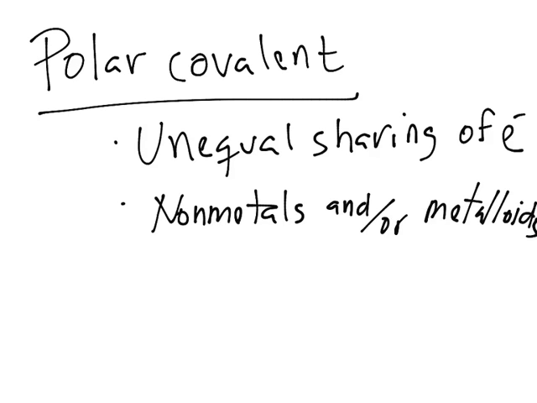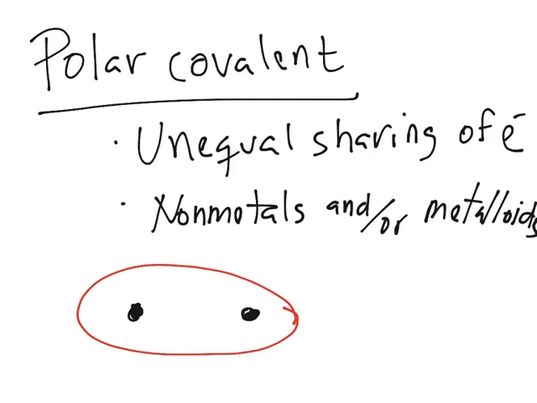As I said, it's unequal sharing of electrons. Let's say this is our atom A, and this is our atom B. There will be some sharing, but just to picture how the electrons flow, I'll make a kind of circle thing. So there is a force there.